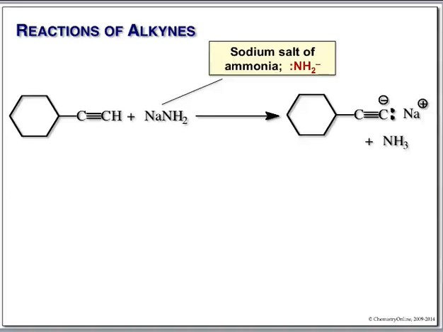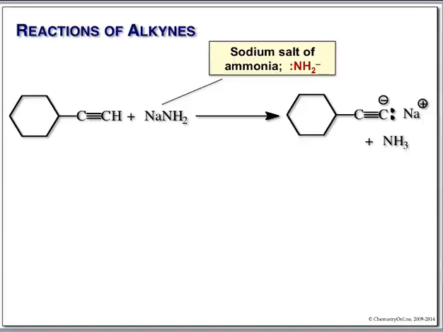With water you would get hydroxide, wouldn't you? Here, all we do is lose the hydrogen, and we make NH2 minus. Very, very strong base. Much, much stronger than hydroxide. All right, the alkyne hydrogen itself is mildly acidic. Its pKa is about 19.